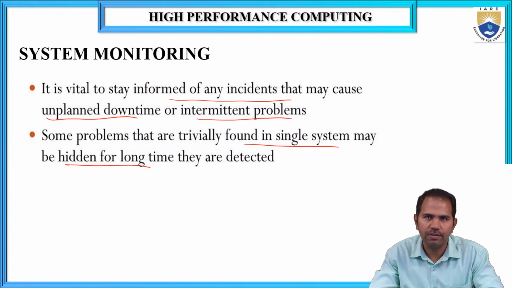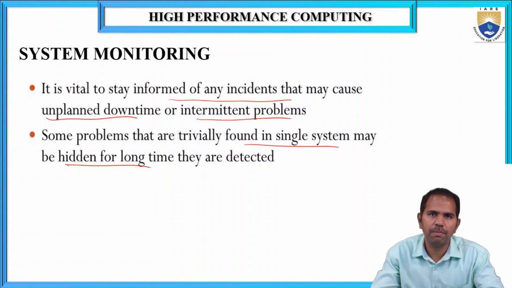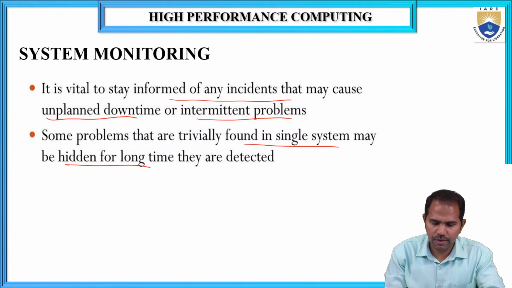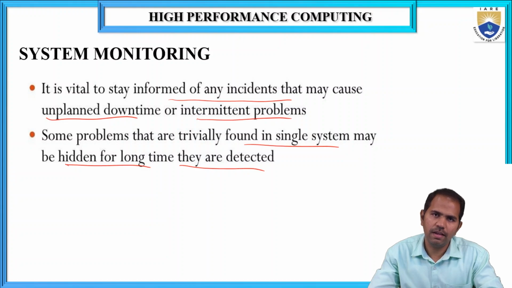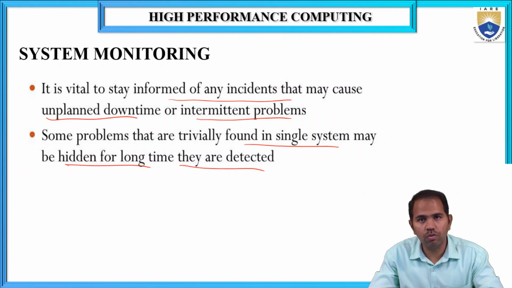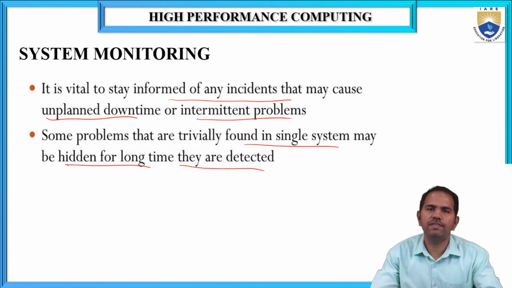If we always monitor the nodes, they may be found. So what are the chances of our systems going down? We identify those things and take proper actions. They have to be detected, which is very important. They may run internally for a long time, and we have to identify those unwanted incidents.